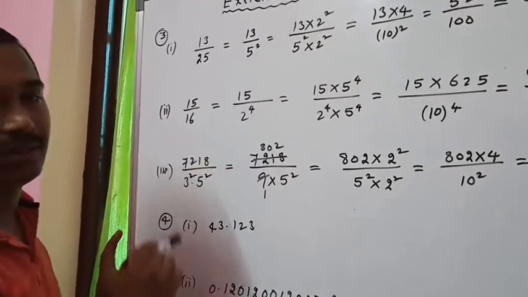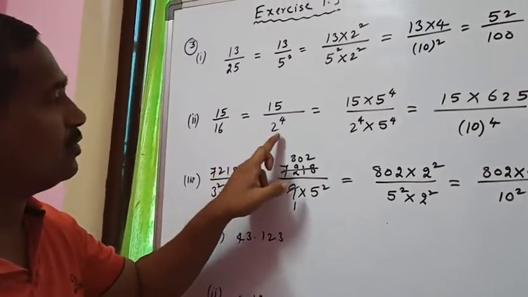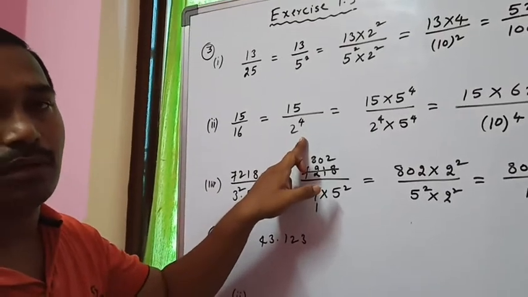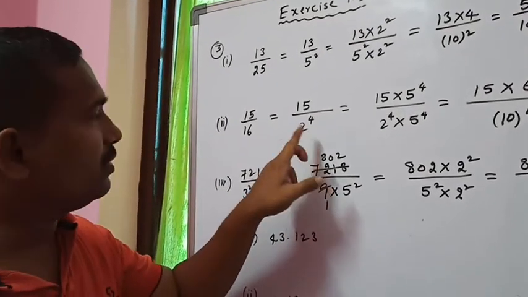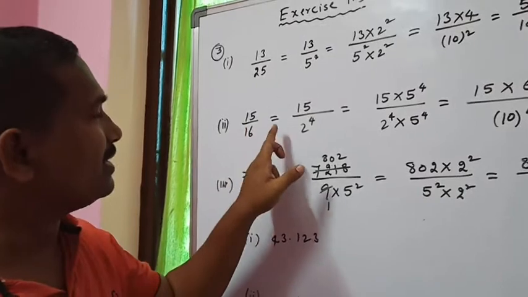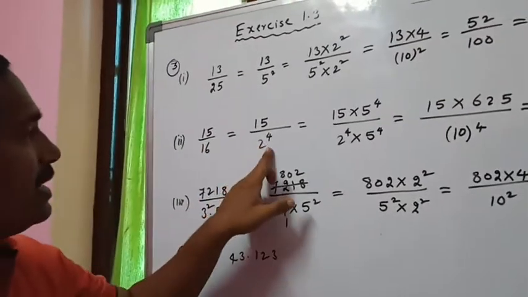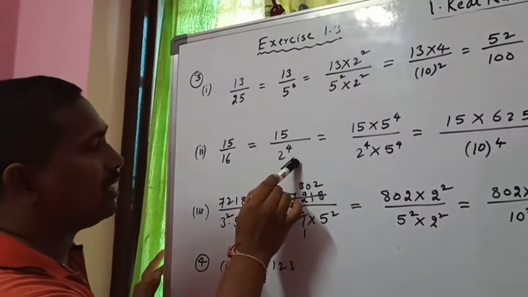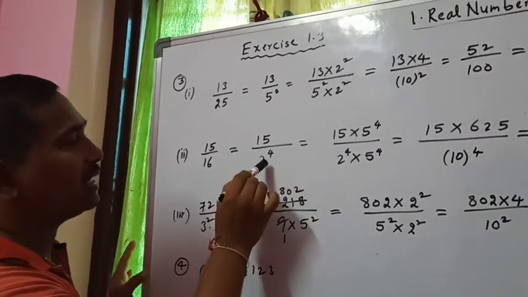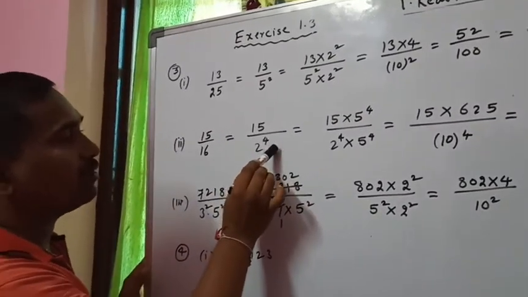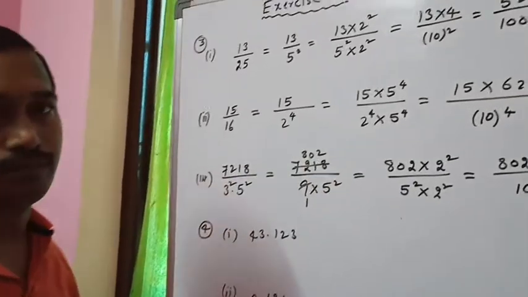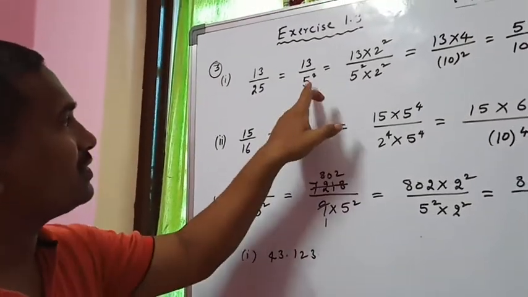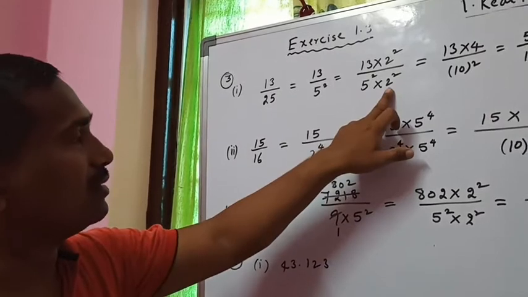Now see another one. 15 by 16. Here 16 can be written as 2 power 4 by prime factorization. Now to convert this denominator into a power of 10, since 2 power 4 is there, we have to multiply with 5 power 4. Earlier, 5 square was there, so we multiplied with 2 square.